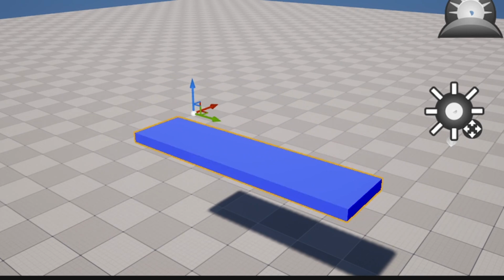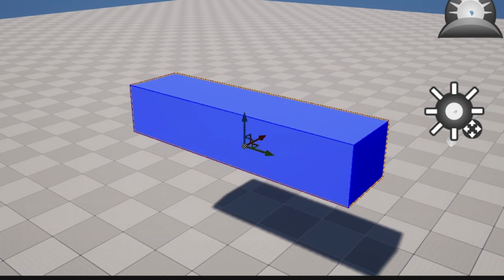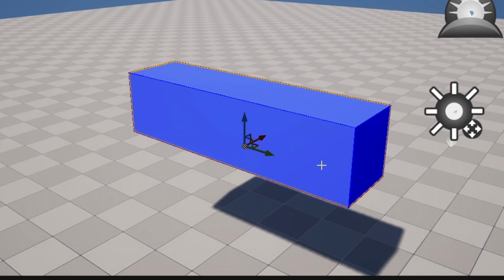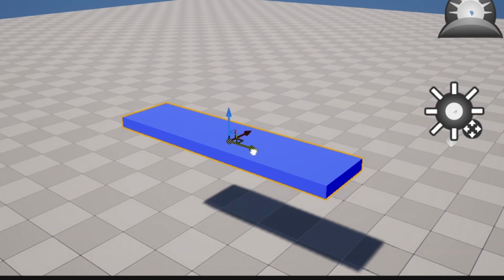It's really useful, and it supports us doing a couple of things. One of them is when we need to make a massing of a level. It's really quick and easy to create any size box you want, and then lay out the level and get the size and scale down to what we would like.